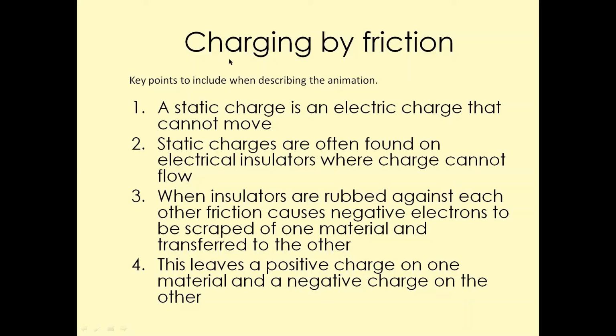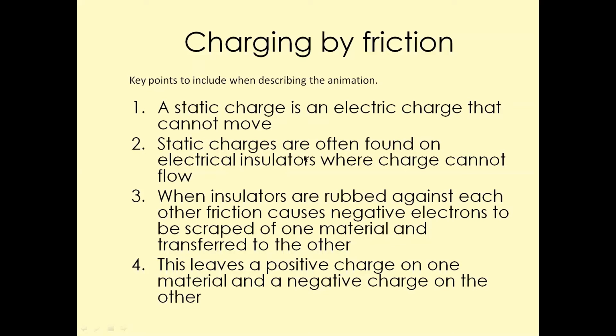Okay, so guys, we need to know these points. They're really, really important. So a static charge is an electric charge that doesn't move at all. So static charge is basically the buildup of the charge. And that normally happens when you rub the insulators against each other.